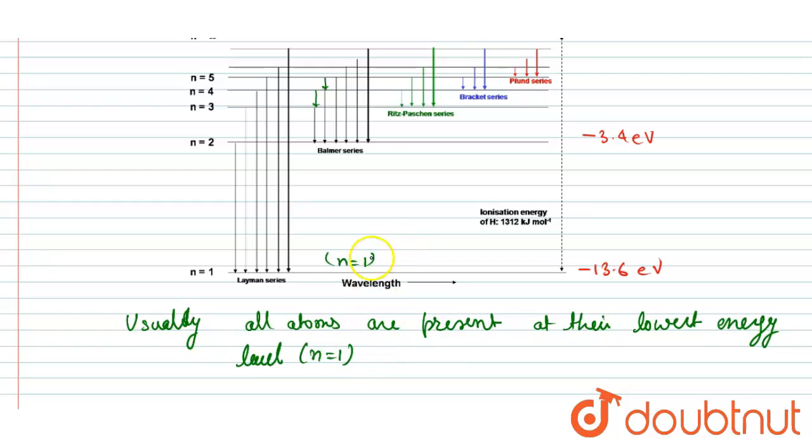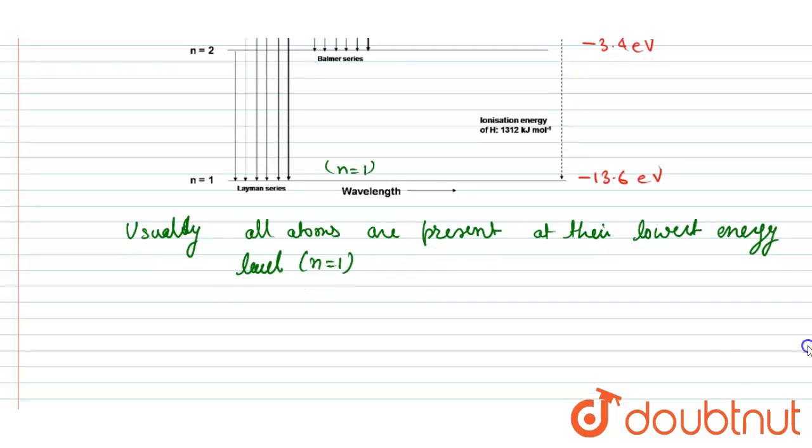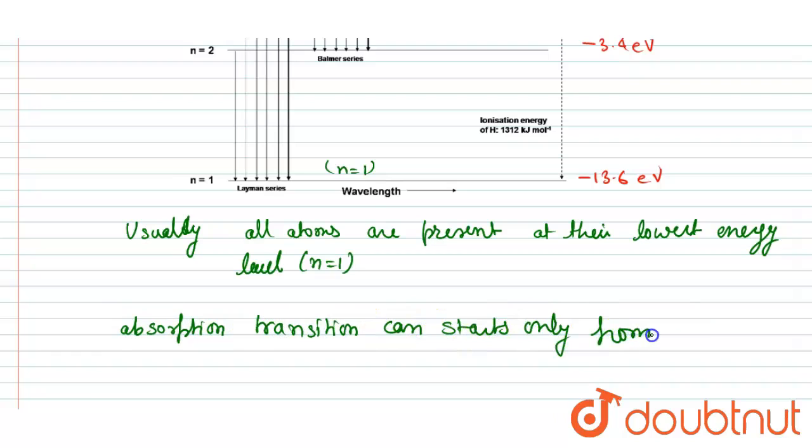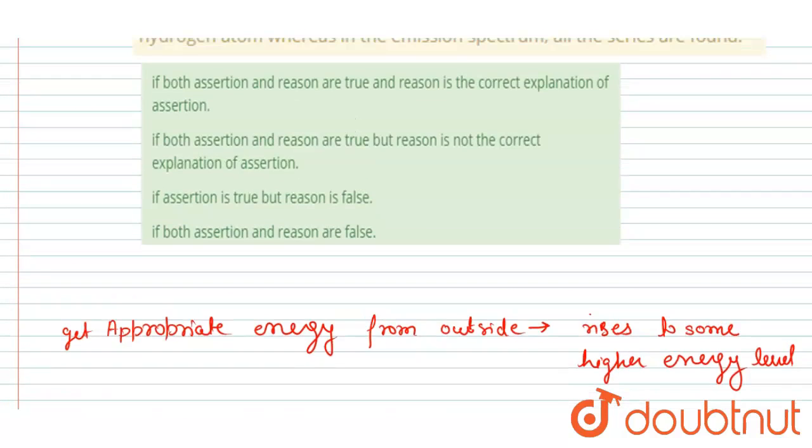Since the electron is present at n equals 1, the absorption spectrum can only start from n equals 1. If the transition starts from n equals 1, only the Lyman series is formed in the absorption spectrum. So the reason is also true.